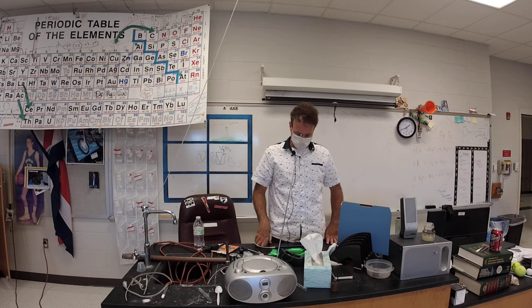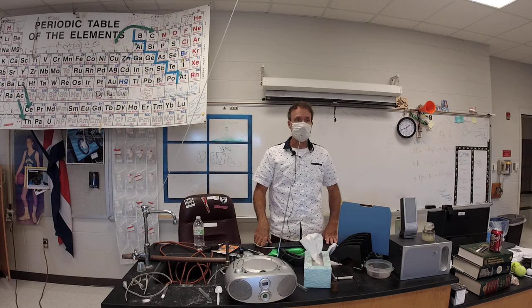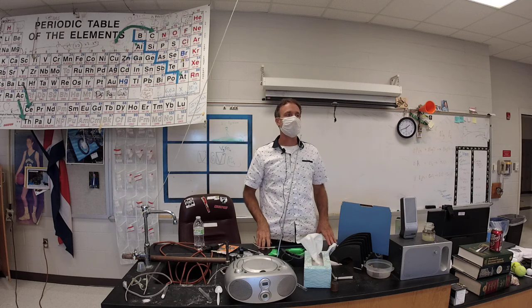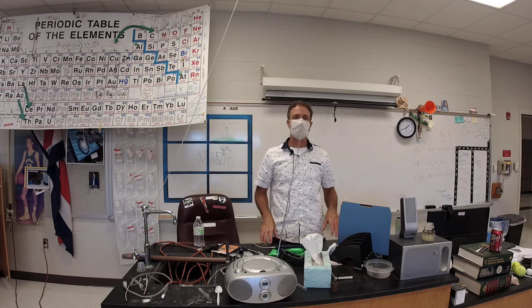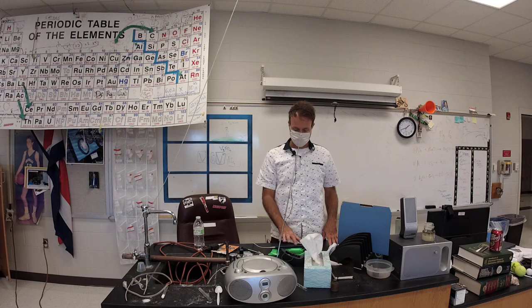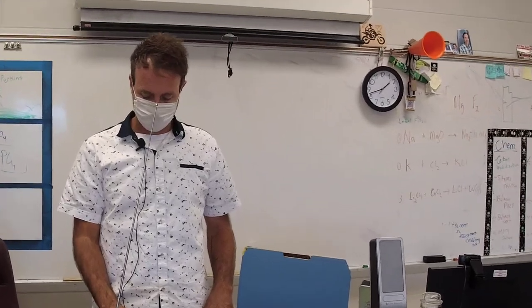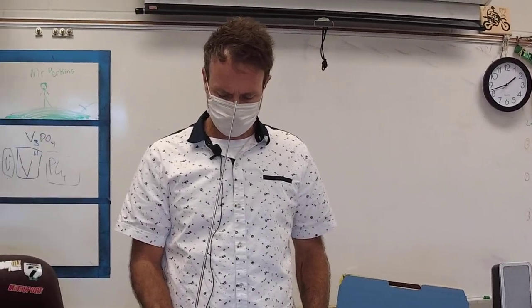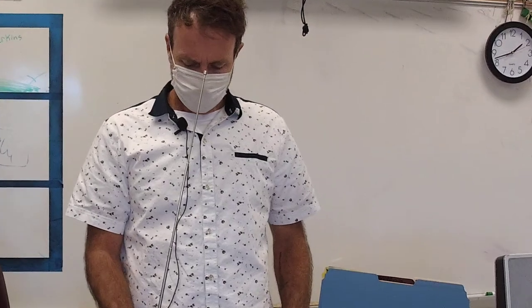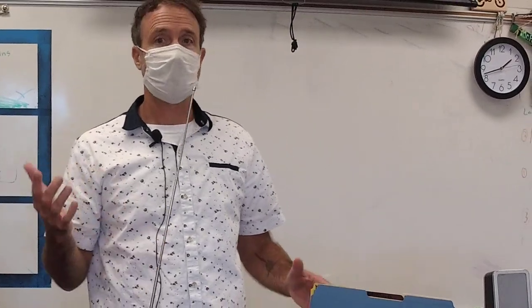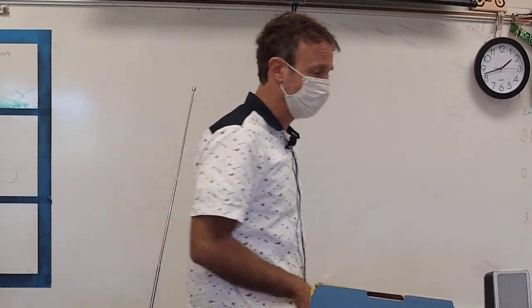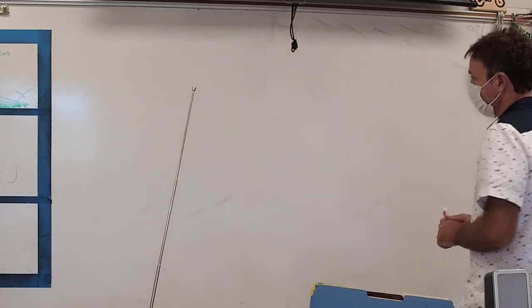Okay, so we're going to do some very simple first day balancing equations, all right? And the first thing that we do when we balance an equation is try to label the type of equation. So let me write an equation here.